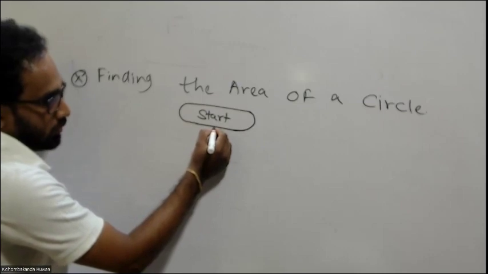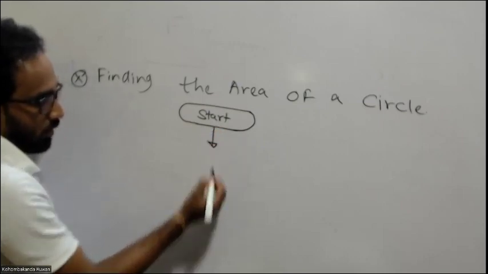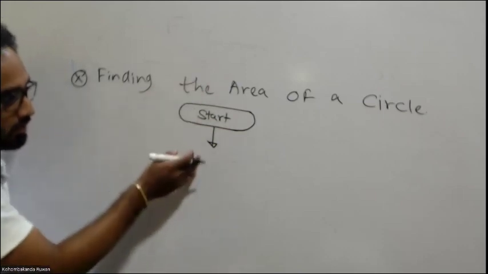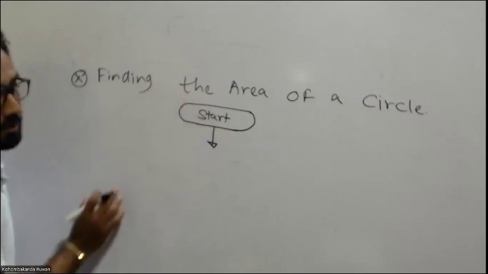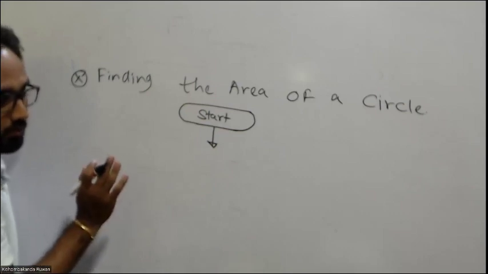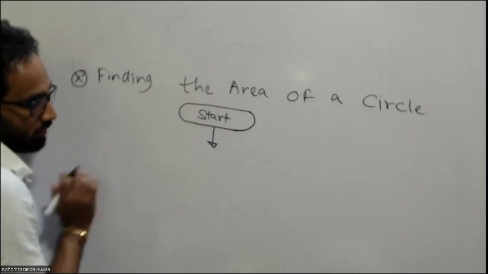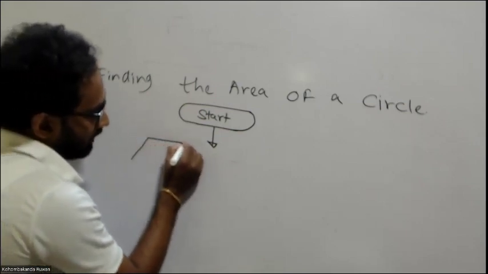Then you have to use the arrows down. Right? Next step, find the area of a circle. Then we have to input the radius of the circle. Radius. Right? It is an input. Then you have to use this symbol, the input and output symbol.